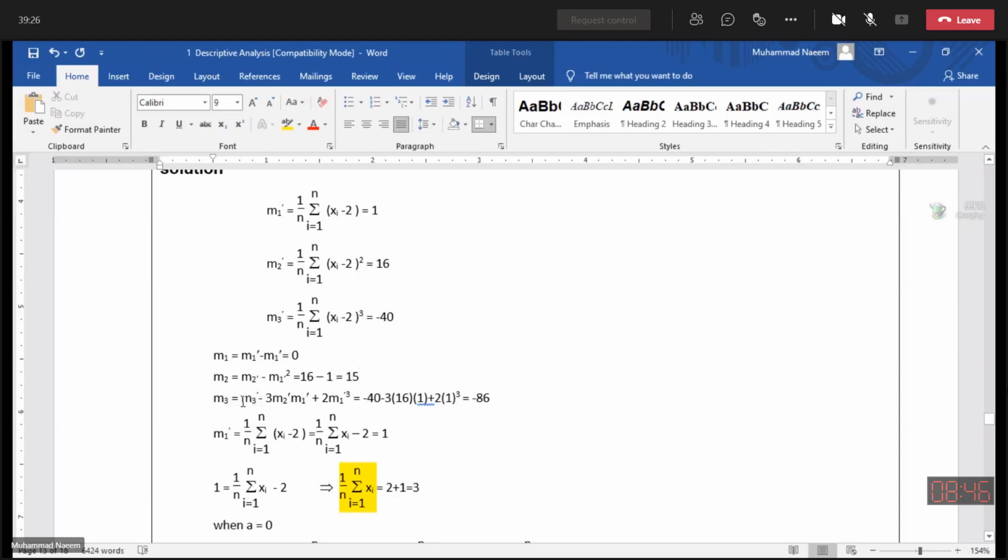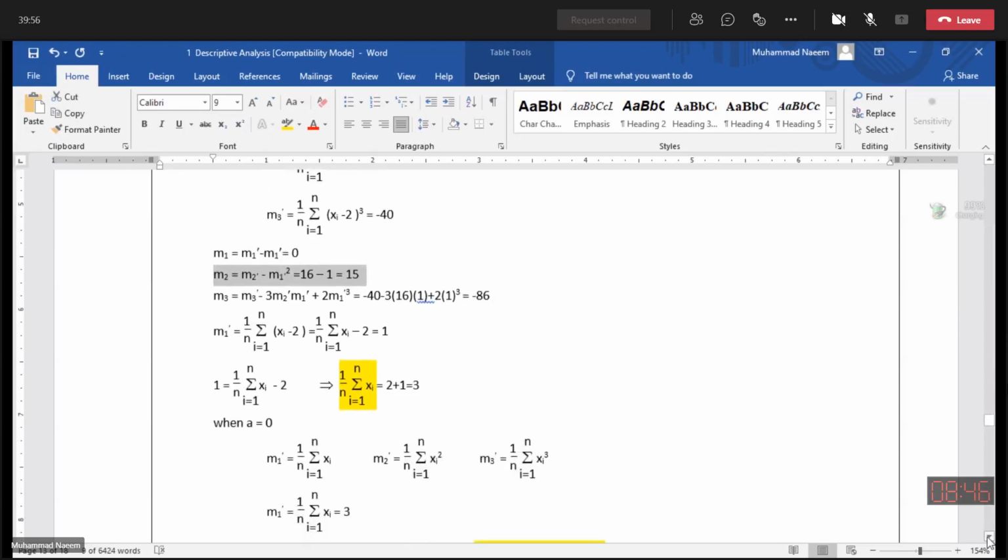M3, with this relation, M3 prime is given as minus 40, M2 prime is 16, M1 prime is 1. Putting the values and simplifying, we get minus 86. And M2 is directly the value of the variance by definition.